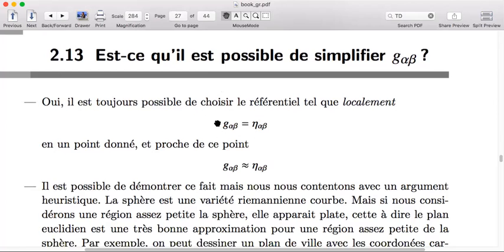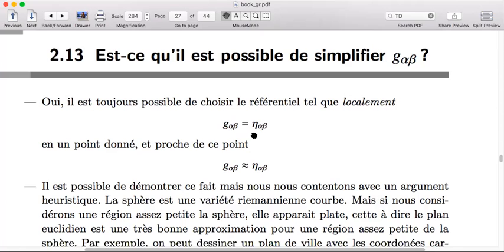So this could be a curved manifold, and we could be in a region near a black hole where we have strong relativistic effects, and yet locally the Minkowski metric could apply. When we say locally, we mean at a point, or more properly at an event. Event is a technical term that means a point in space at a moment in time.